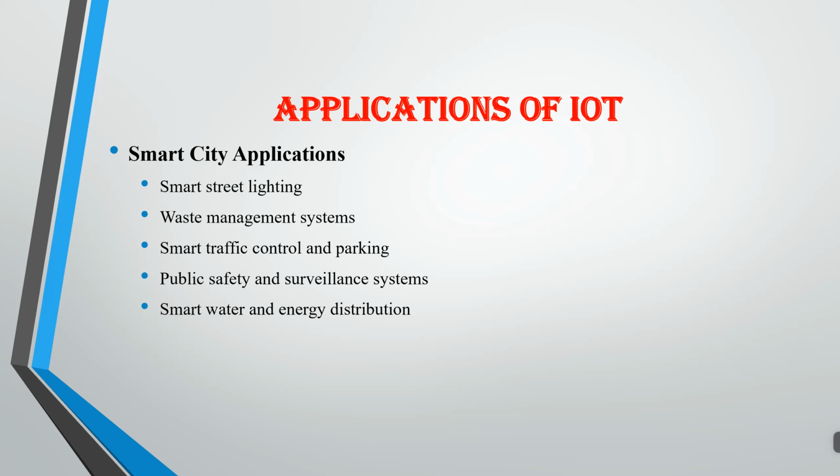Public safety and surveillance systems are some of the other applications of IoT under a smart city. I'll give an example for this. In Bangalore, if you are driving a car and the front seat passengers, including the driver, do not wear seat belts, automatically a challan of fine will come to their mobile number and they have to go and pay the fine.